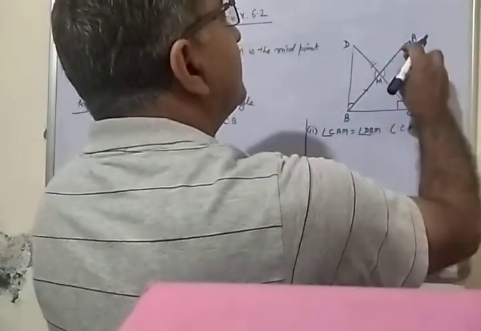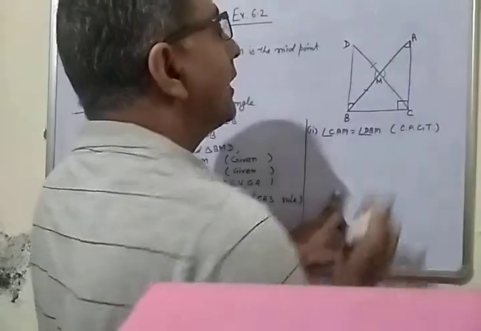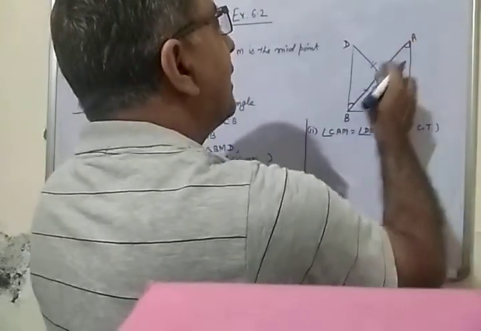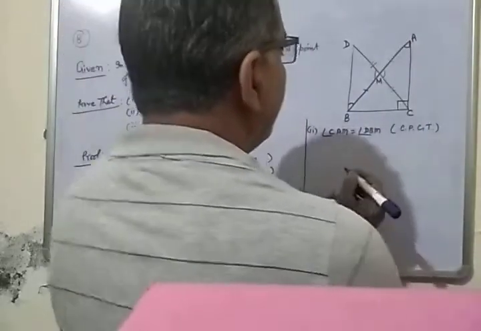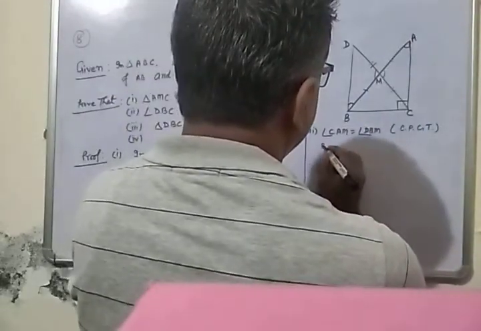This means this triangle and this triangle are congruent, then corresponding parts of these triangles will be equal.